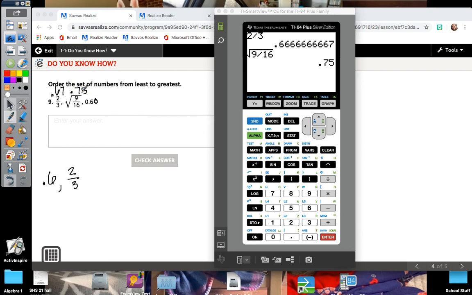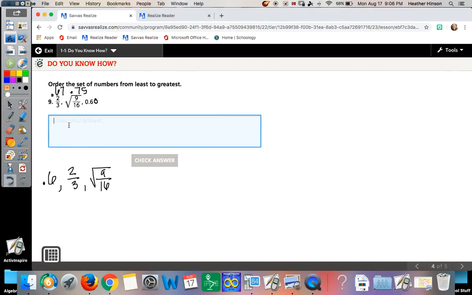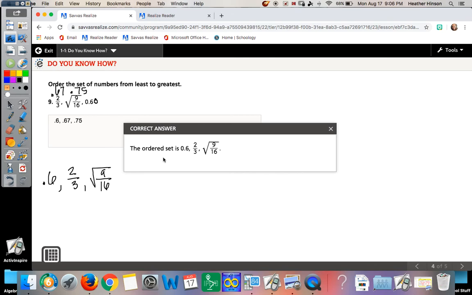And then your 0.75, which is square root of 9 over 16. And we can type it in our blank. So our 0.6, then our 0.67, then 0.75. Exactly what we put. 0.6 is first, 2 over 3, and then square root of 9 over 16.